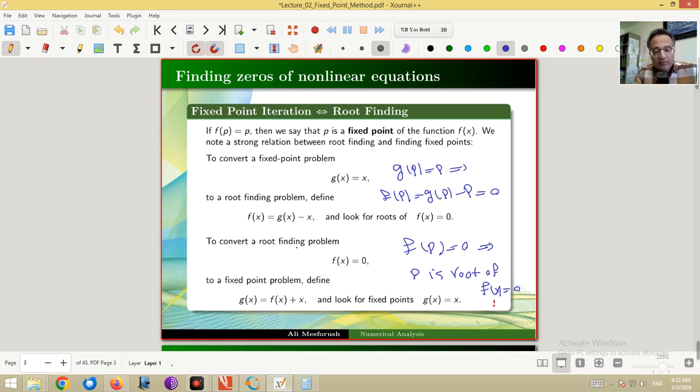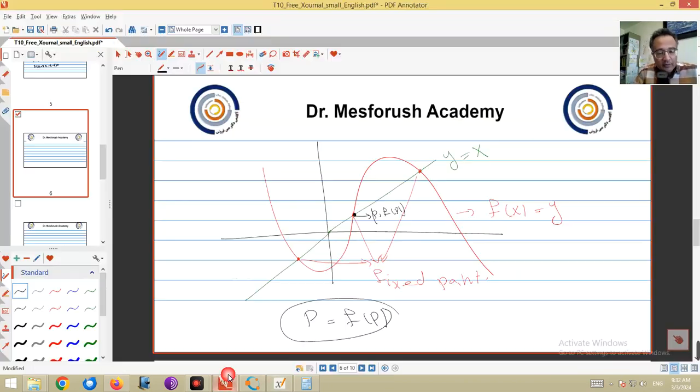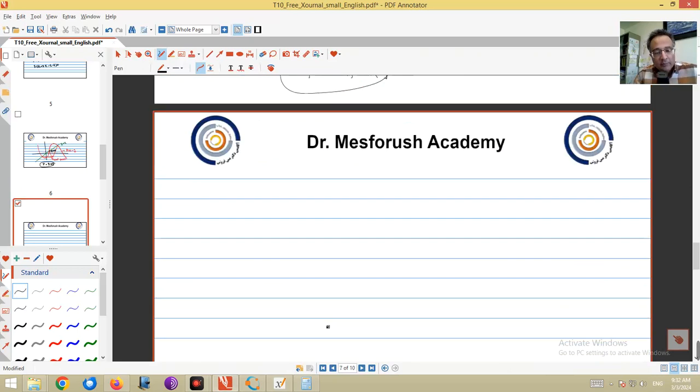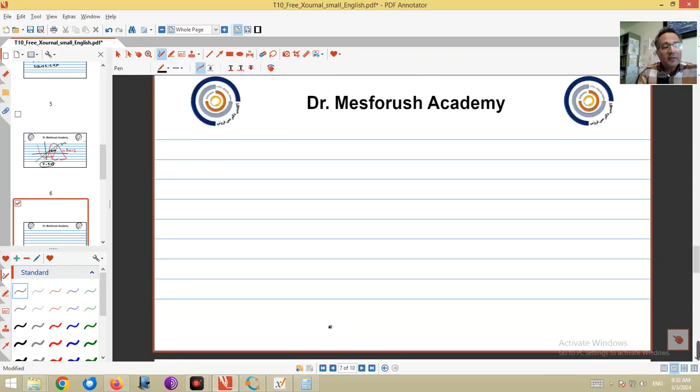In this case, we find the root of f of x. For example, consider a function like f of x equal to x cubed minus x plus 1.